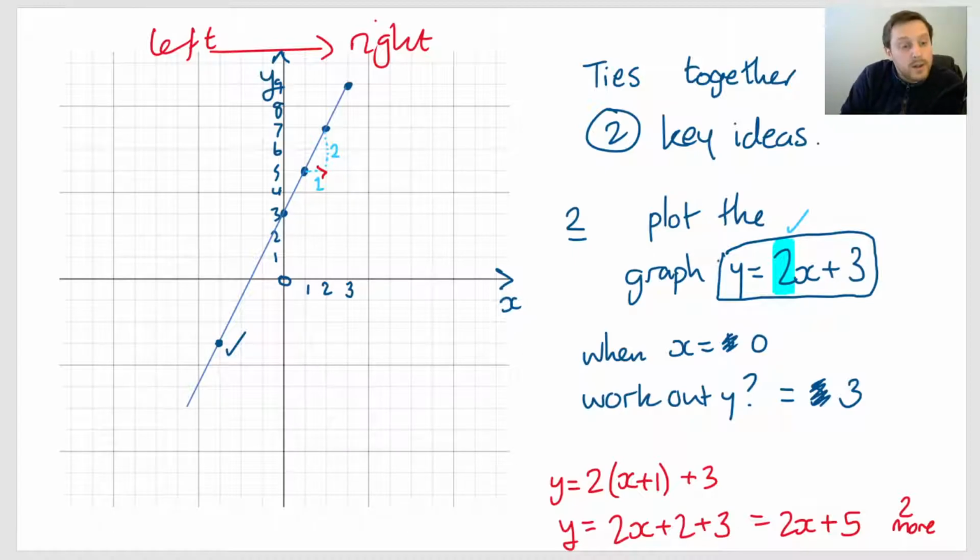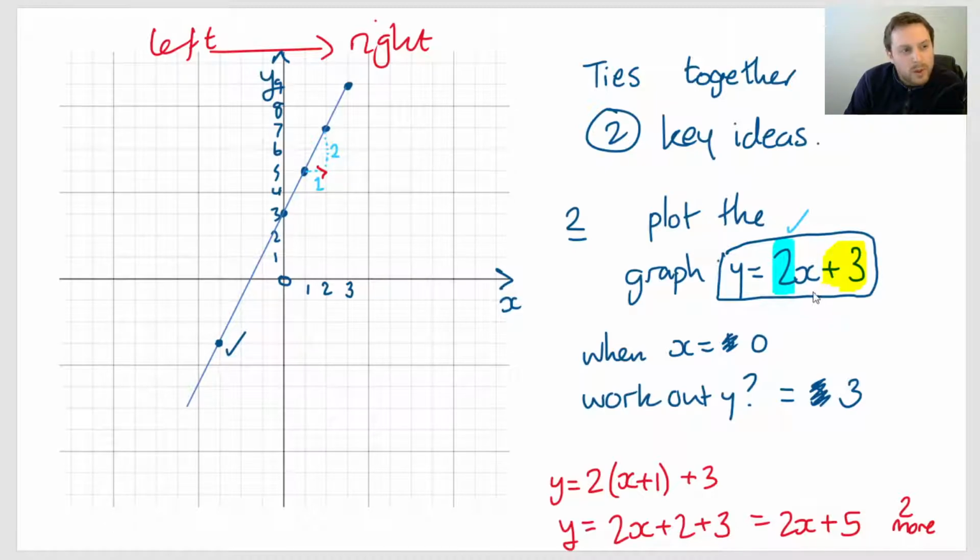And then the other thing, before I finish this video, because it's probably quite long at this point. I don't want it to be too much longer, that's for sure. This plus 3, well, if you think about it in the context of the formula itself, if you make x be 0, you'll be left with the plus 3. But when you make x be 0, that's when you're on the y-axis.